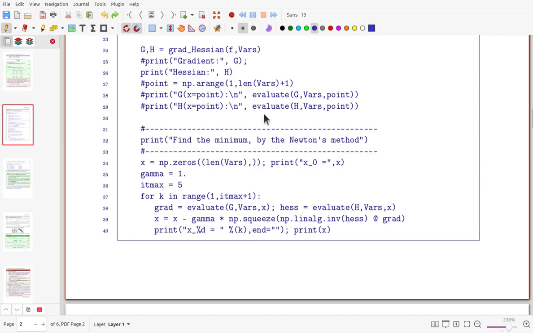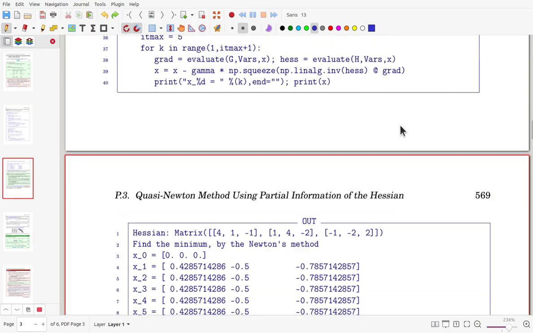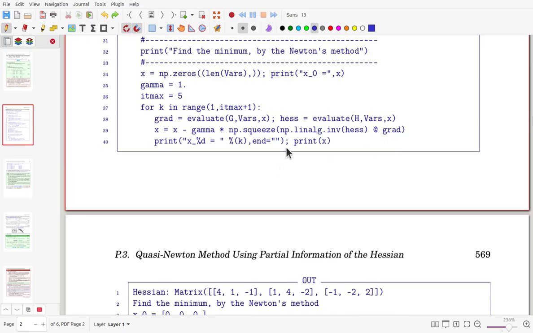But for this setting, it is quadratic, so the Hessian will be constant. But I wrote this generally. If it is not constant, then you will evaluate along with the numeric vector x. Anyway, it's not harmful, so I put it over there. Now, gamma is 1, so this is the inverse of the Hessian times the gradient, with the negative sign. Now you should squeeze this.